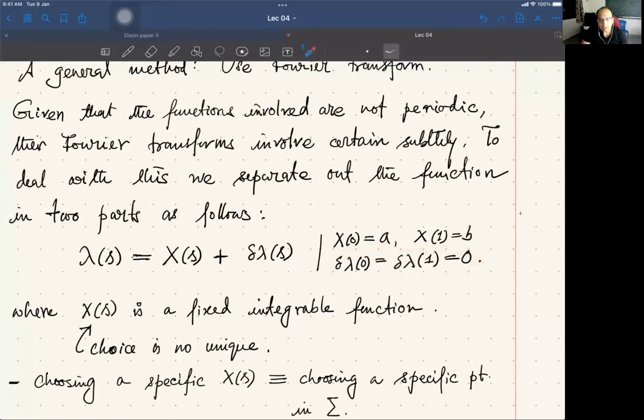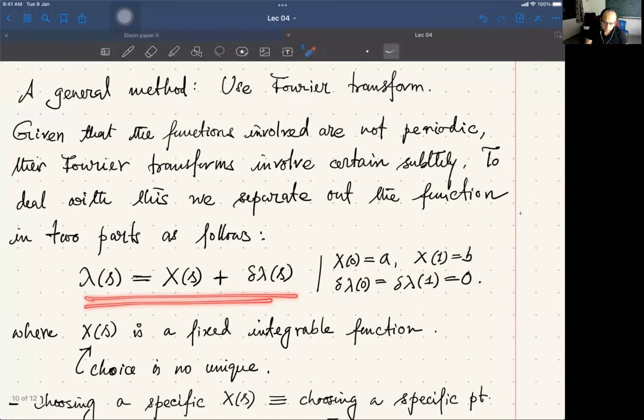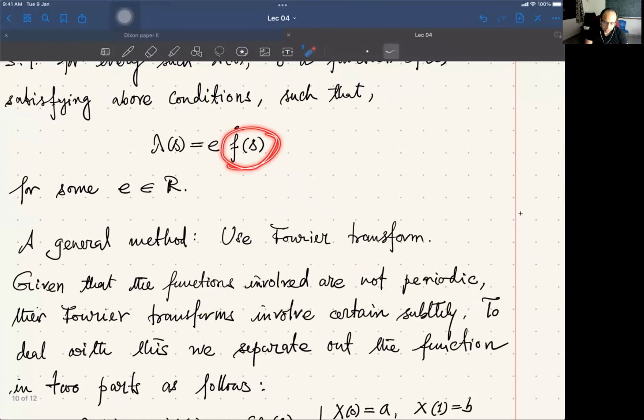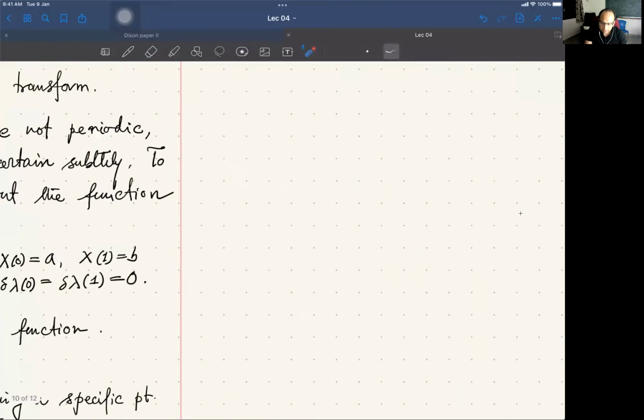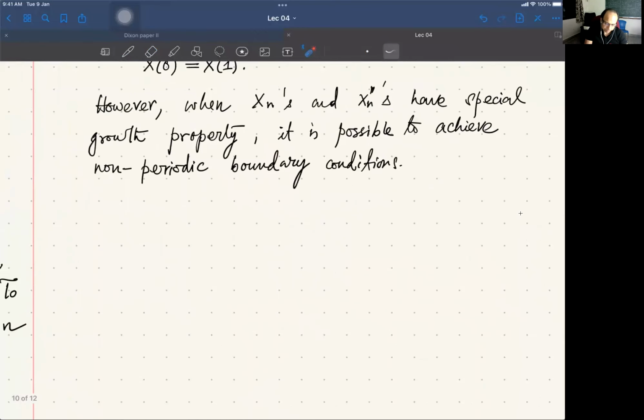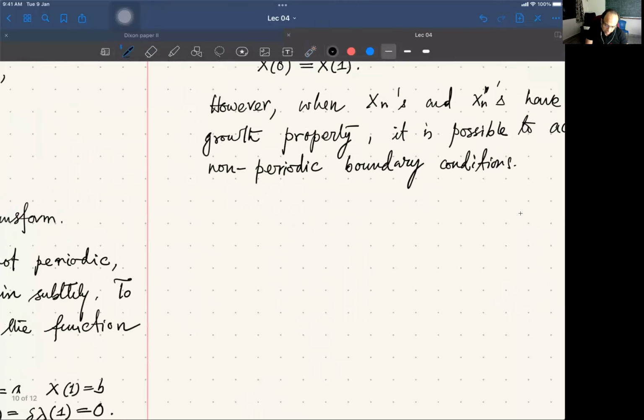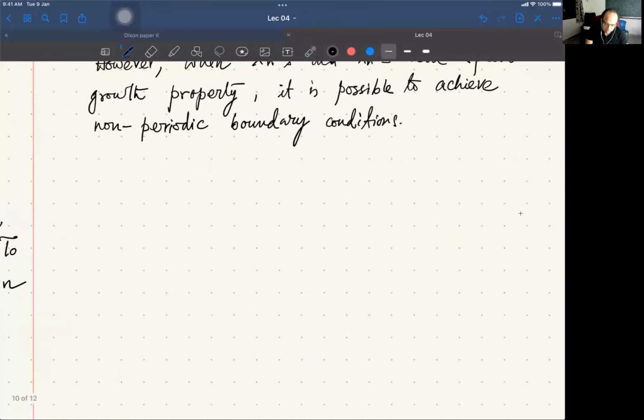So given this expression, what would be the corresponding f of s which would satisfy this? The solution is the following.